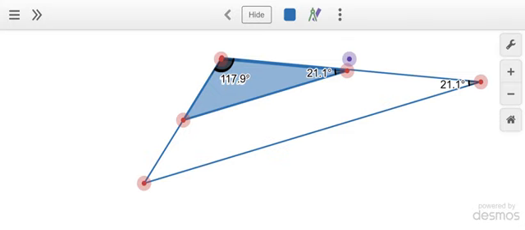Okay. I'm curious about area. So area is like the inside of the triangle, right? How much space does this triangle take? Now, look at it. Imagine how many of these triangles would fit into the bigger one.